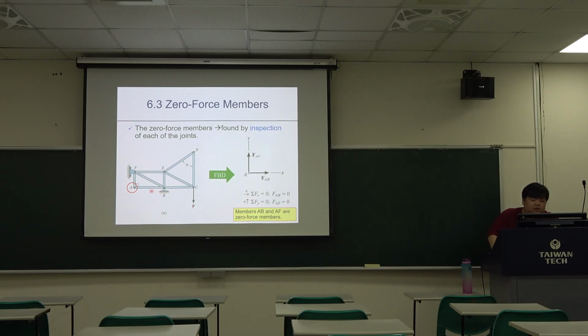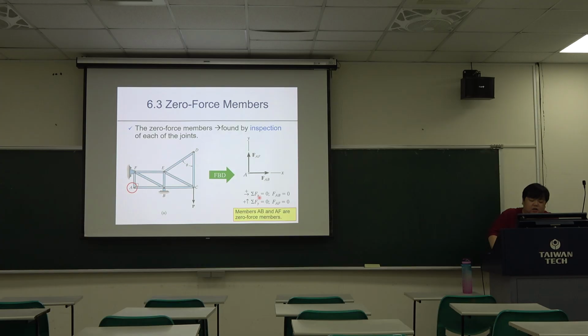Like in this figure, we can draw a free body diagram about point A. There are just two forces, but we don't have a support or another force at point A. So when we do the summation Fx equals 0, you get FAB equals 0.